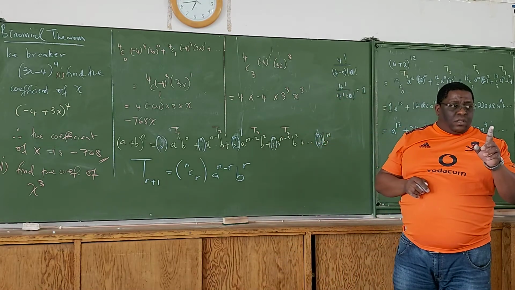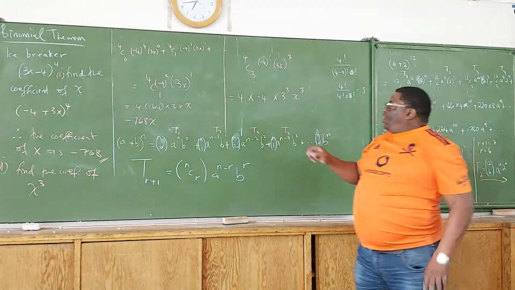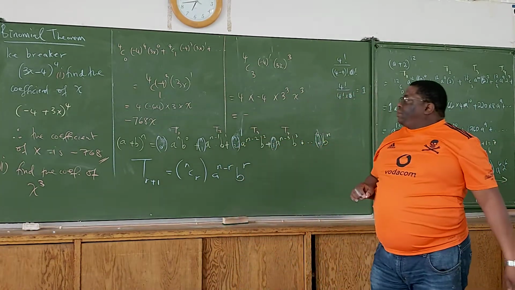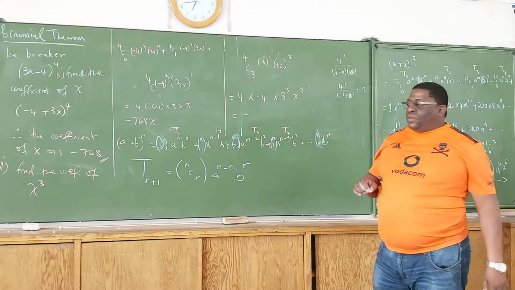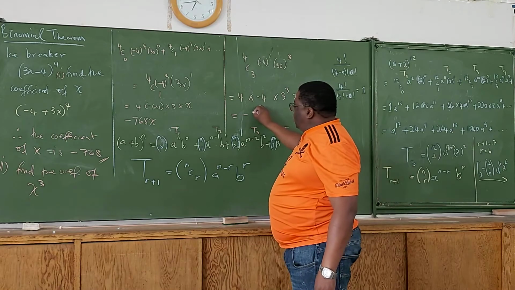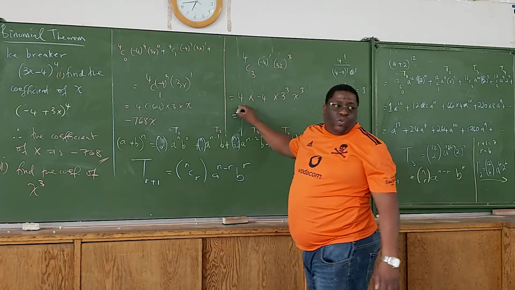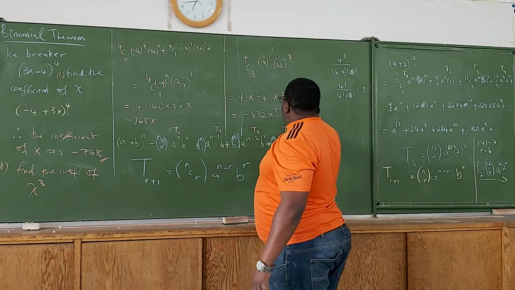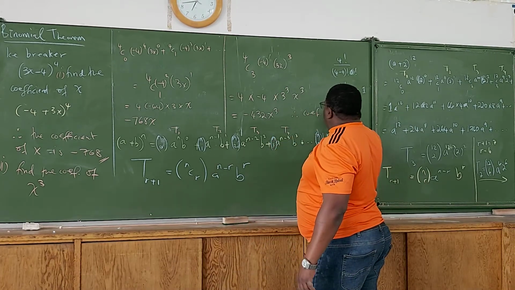Do you understand that? 3 cubed x cubed. Now, what is the final answer? It has to be a negative value. It's negative 432 x cubed. Therefore, the coefficient is what?